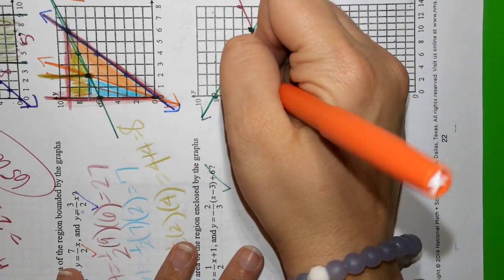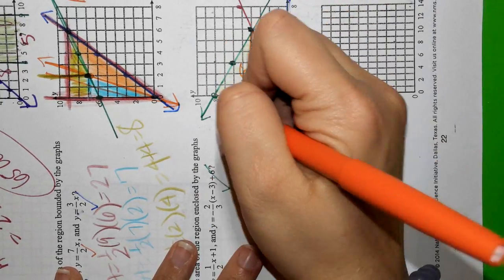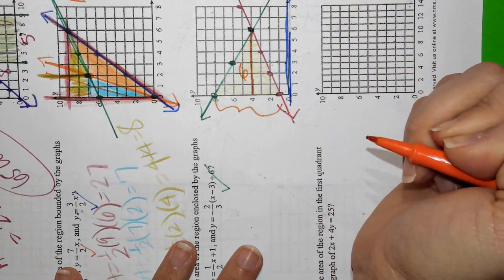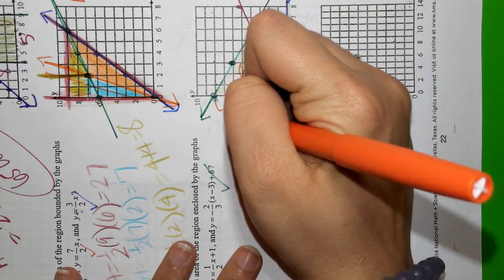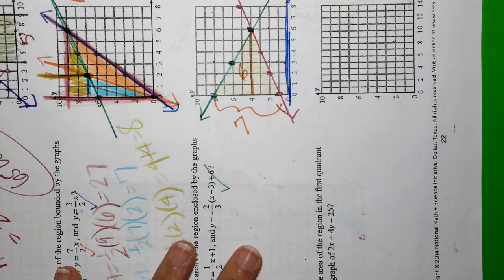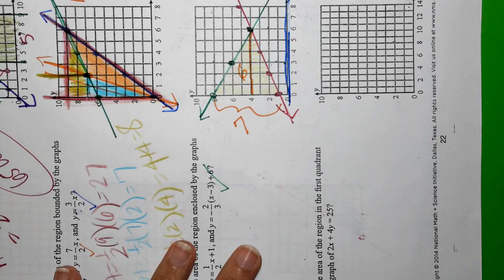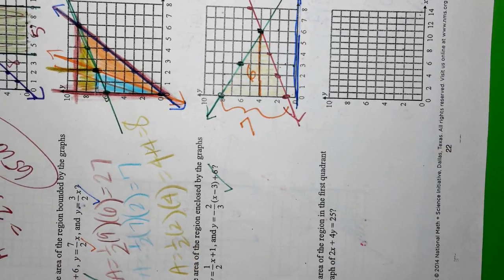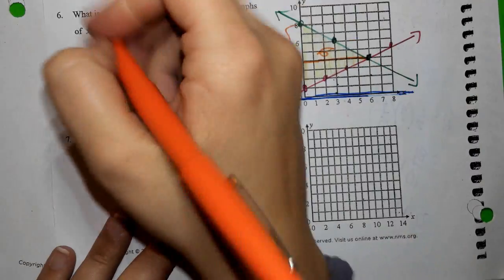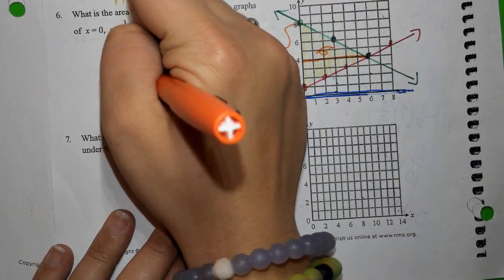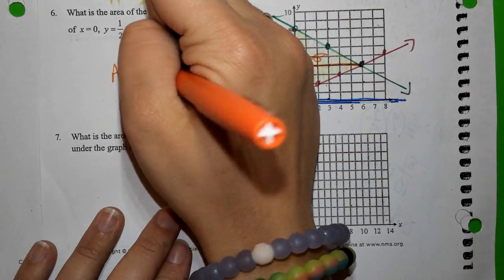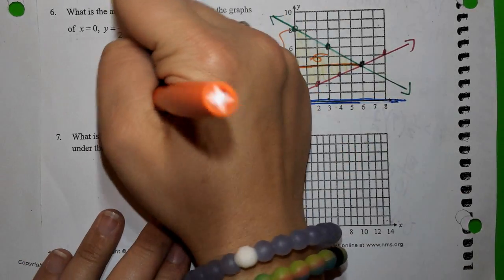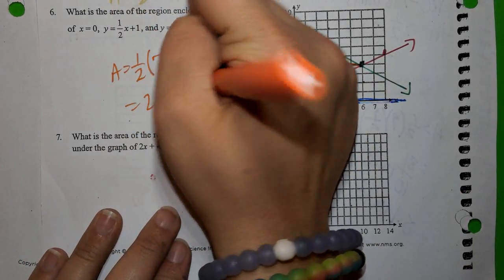So our height would be 6. Now, what's our base? From 1 to 8, what's that? 7. And then what's the area? Yep. And that would be 21 units squared.